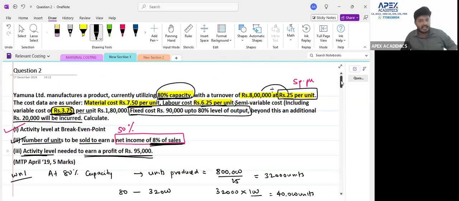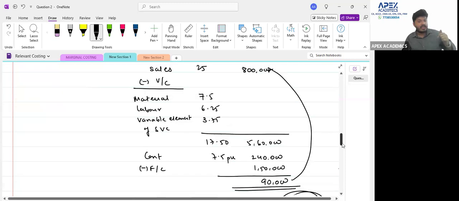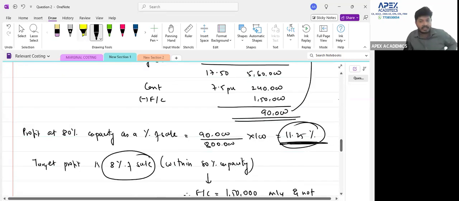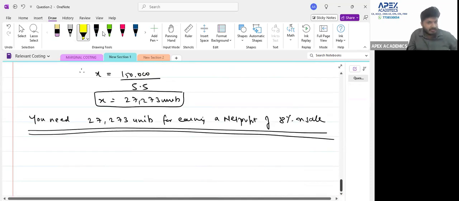Now common sense dictates at 80% capacity, I just calculated that my profit is 90,000. Agreed or disagreed? So I'm writing this statement over here. So what is my statement? Please pay attention to my statement.